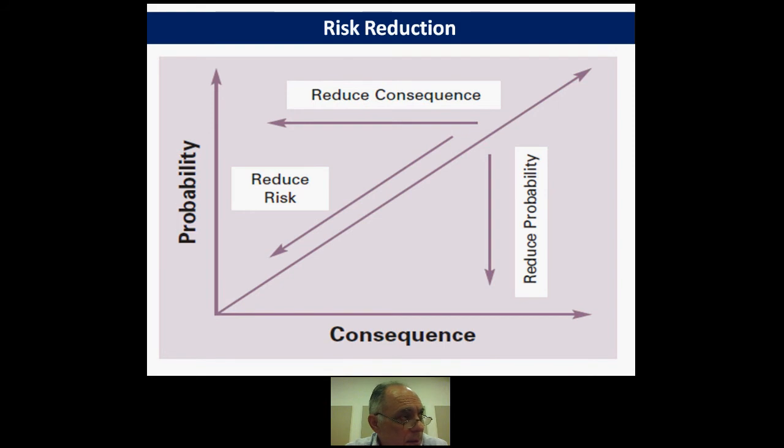In other words, it lies within a region where control of that risk is subject to some other criteria in terms of cost effectiveness. And then we'll have to look again how to go about it in terms of either reducing the consequence or reducing the probability of the risk, or sometimes we should look at doing both.